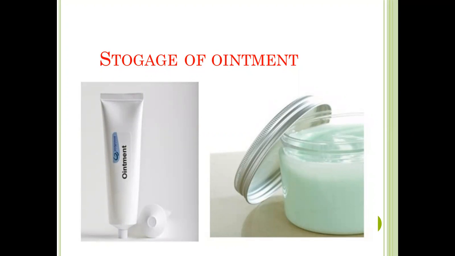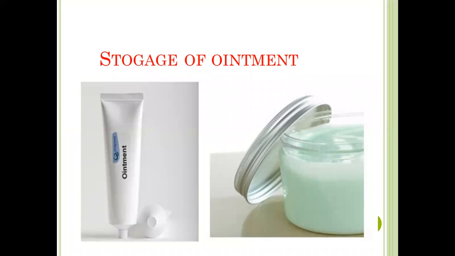Okay, so about storage: it should be stored in wide mouth bottles, either glass or plastic, at a temperature of 20 to 25 degrees Celsius, in a tightly closed container.